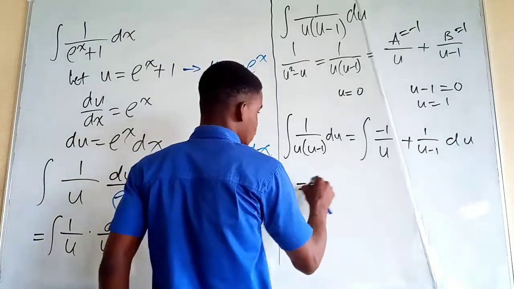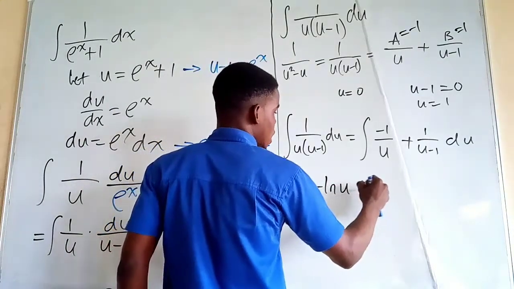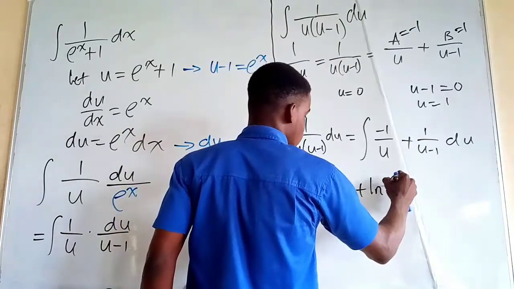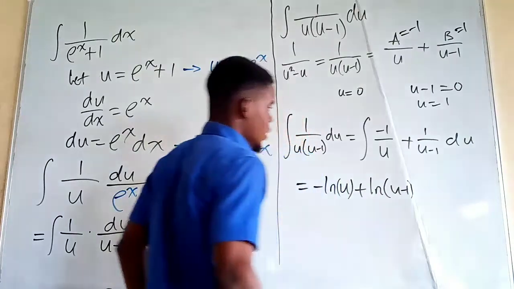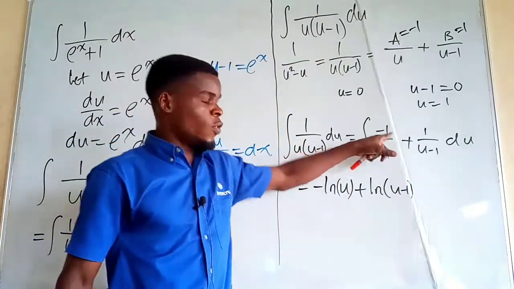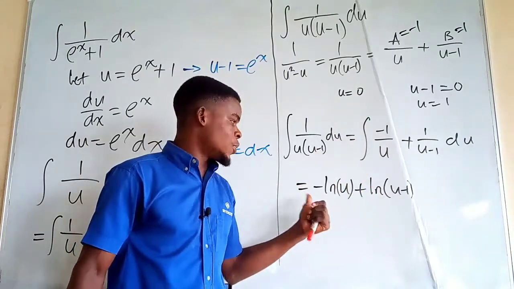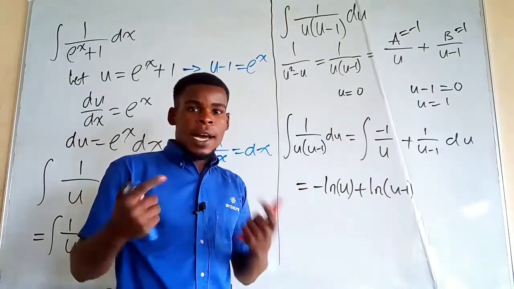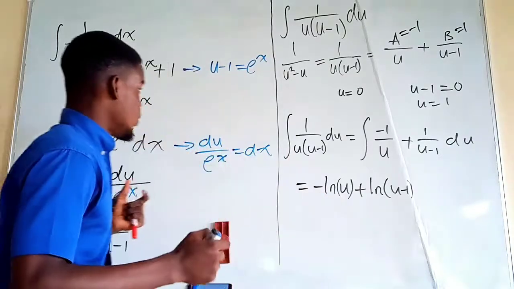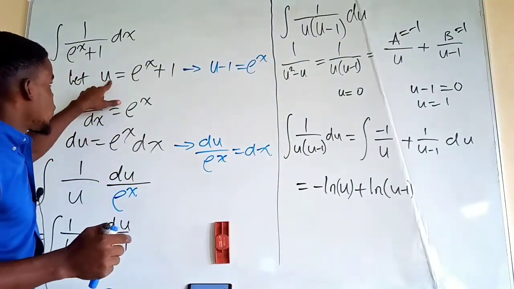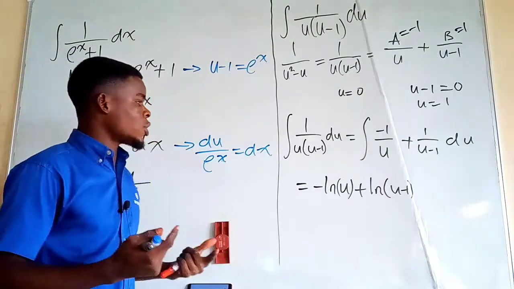So that will give us negative of the natural logarithm of u plus the natural logarithm of u minus 1, like this. When you integrate 1 over u, you get natural logarithm of u. So we just put down the negative in front. And remember that we didn't start with the u variable, we started with the x variable. And we can go ahead and plug that in like a backward substitution.